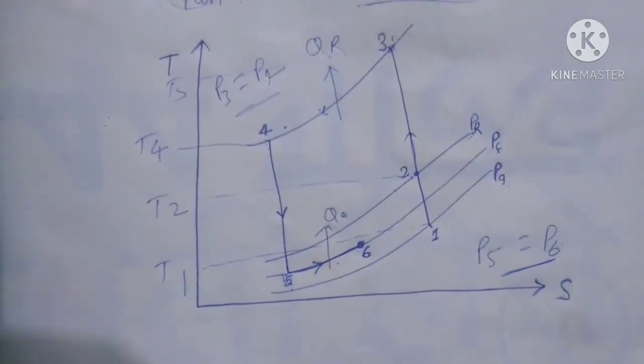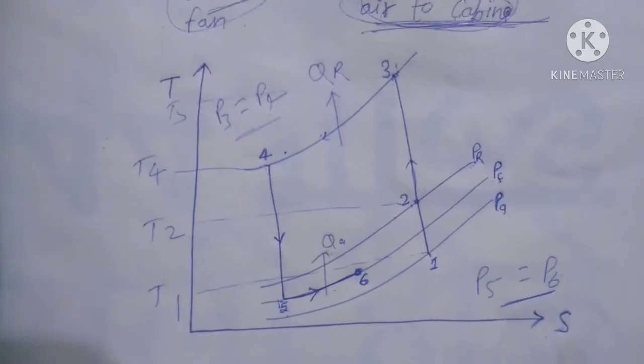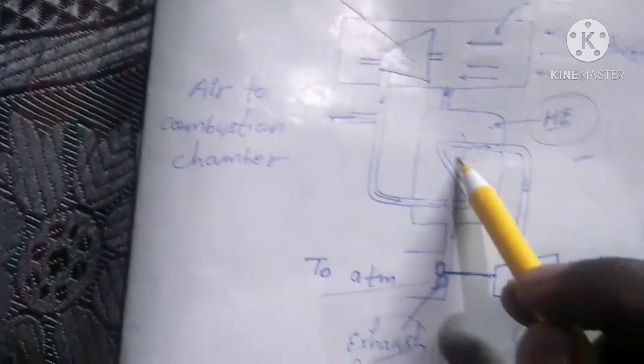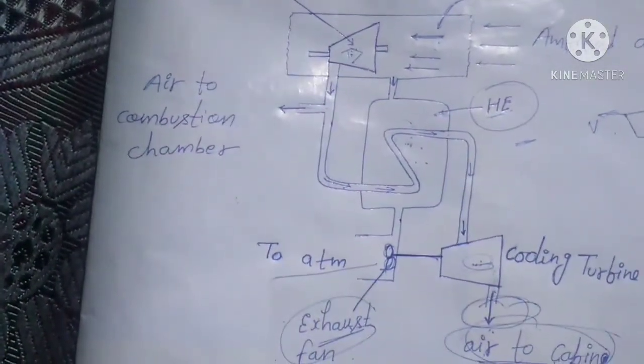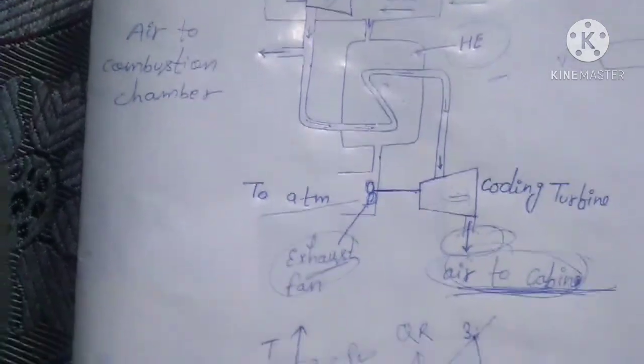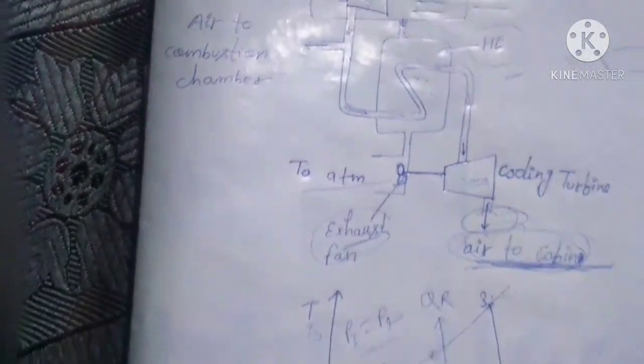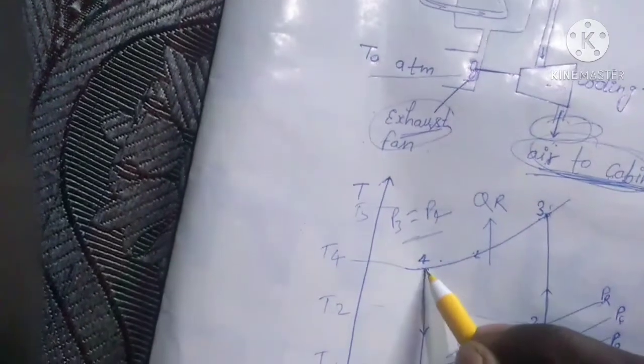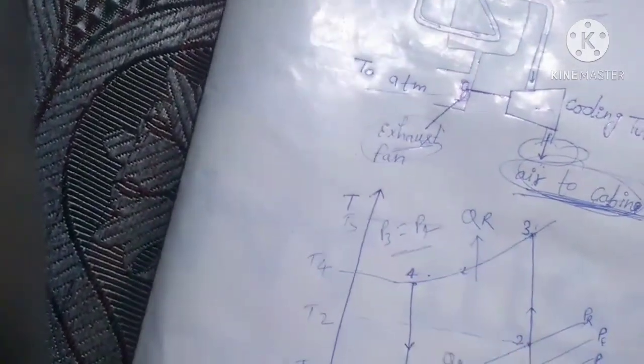Then you notice friends, in the given question, in the heat exchanger, the temperature of air is reduced by 55 degrees Celsius. That means T3 is given as 160 degrees Celsius, and in the heat exchanger it decreases by 55 degrees Celsius.